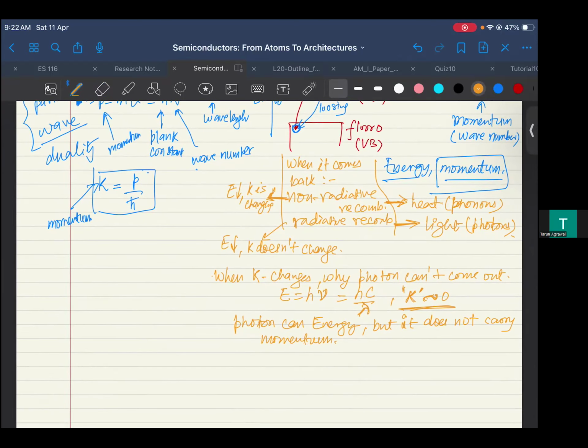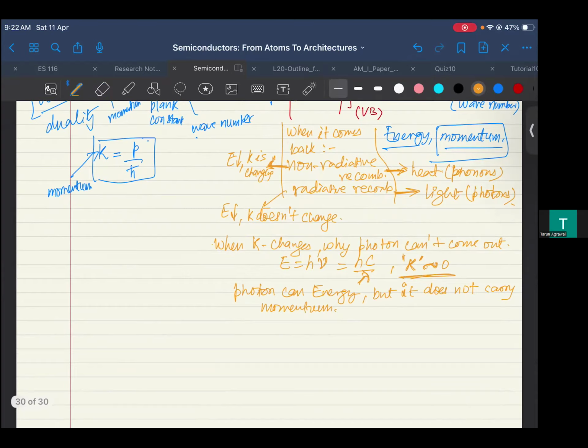So from that perspective, one can see why the momentum does not need to change when we want the photon to come out: the photon itself is not carrying that property, while phonons are a very good way, when you have the momentum to change, phonons will help you.